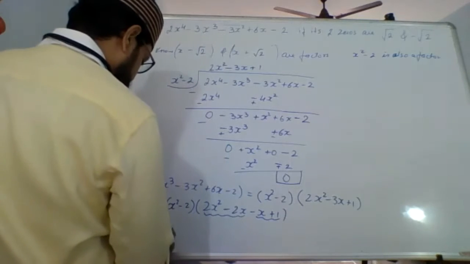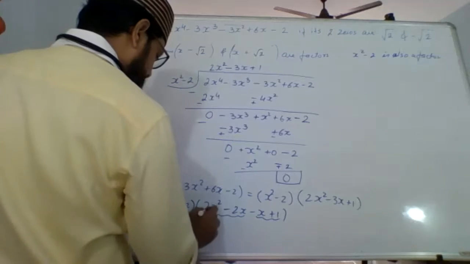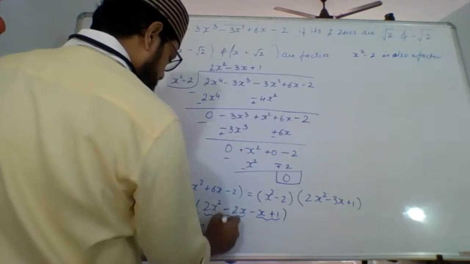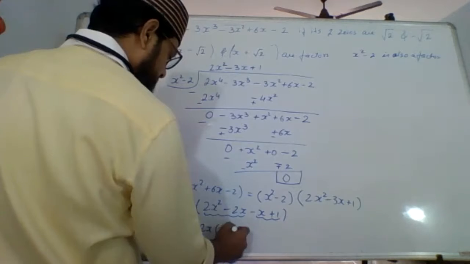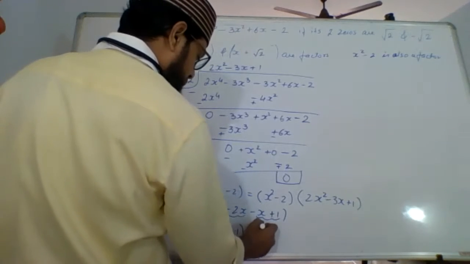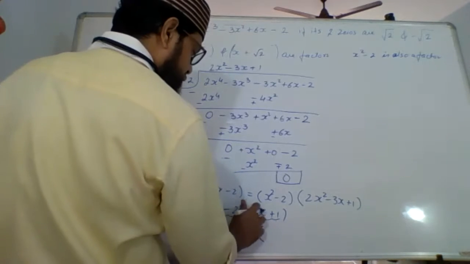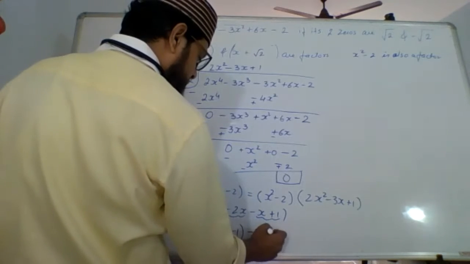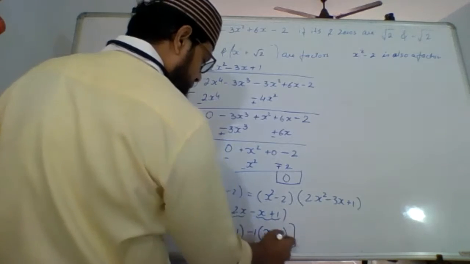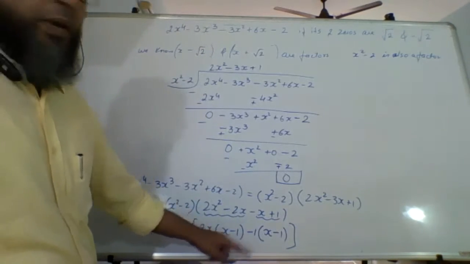So I'll have x^2 minus 2 into bracket. From this I can take 2x common, so I'll have x from here. From here nothing is left, so minus 1. From here there is nothing common, so minus 1. But since minus 1 has come outside, signs inside will change. So minus x will become plus x, and plus 1 will become minus 1. Why? Because there is a minus sign outside the bracket.